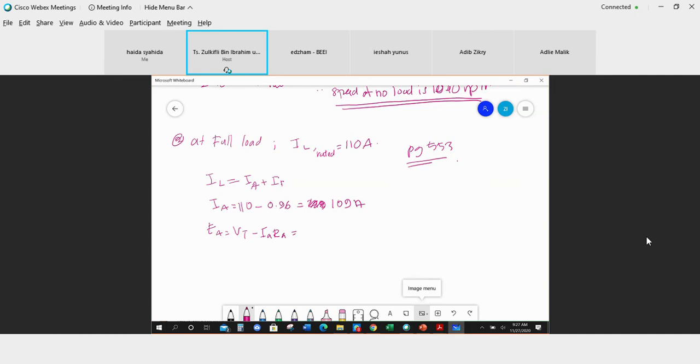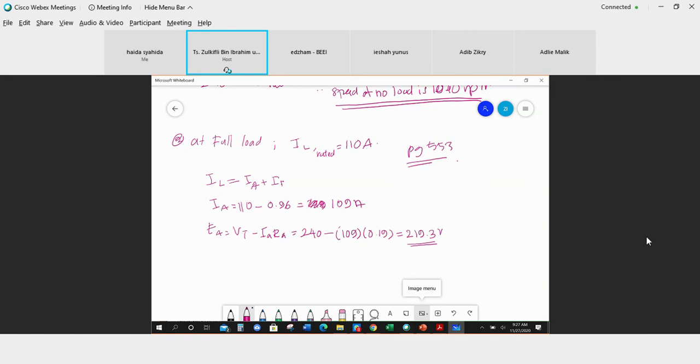So this is equal to 240 minus 109 times 0.19. So you will get 209.3 V. Alright, so you have your old value just now, right?